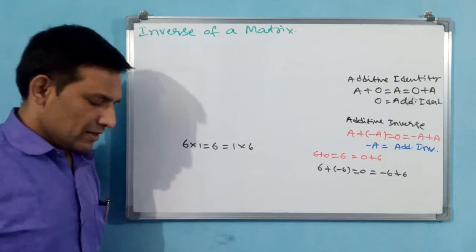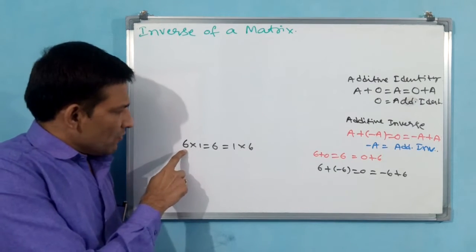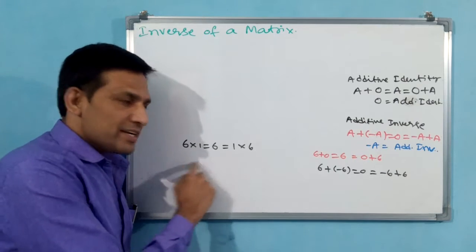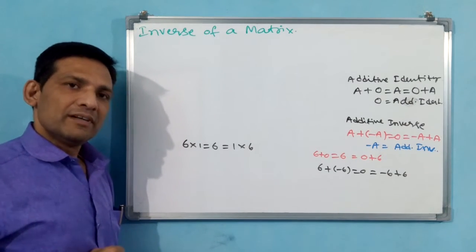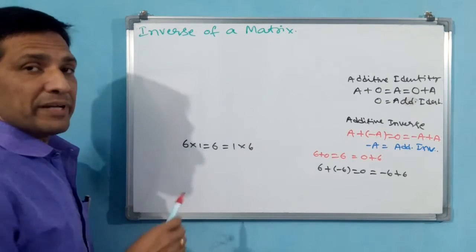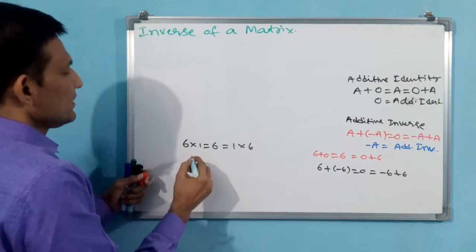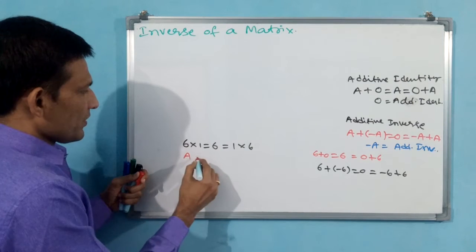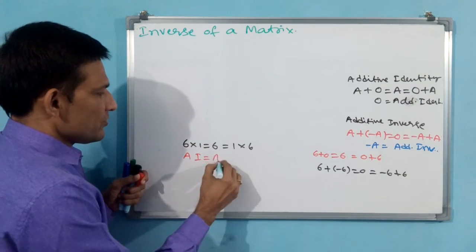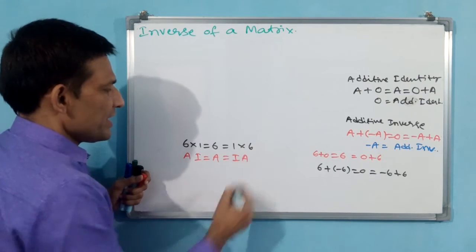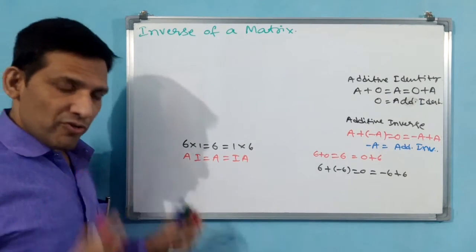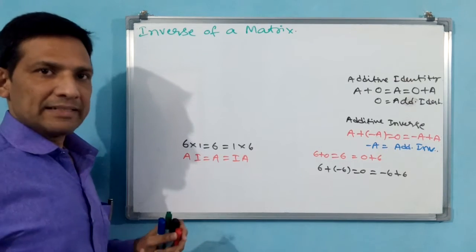Now you tell me, is 1 the multiplicative identity for 6? Definitely. Then what is the multiplicative identity for a matrix? You see here, A into I is equal to A, that is equal to I into A. Multiplicative identity we have already learned. Multiplicative inverse only we have not seen, we stopped at that time.